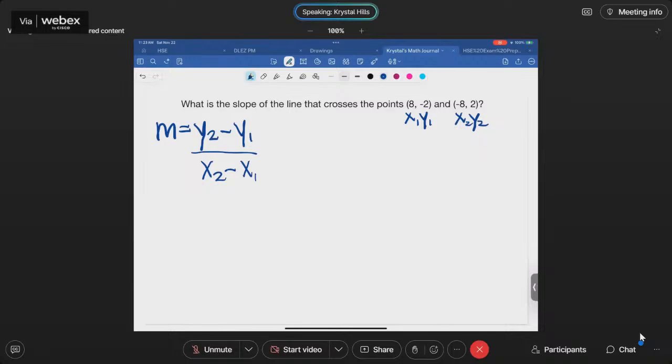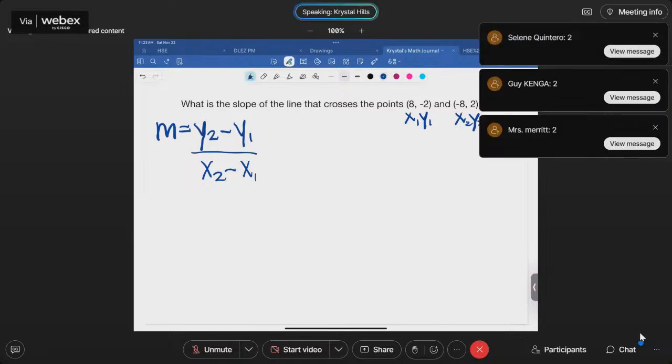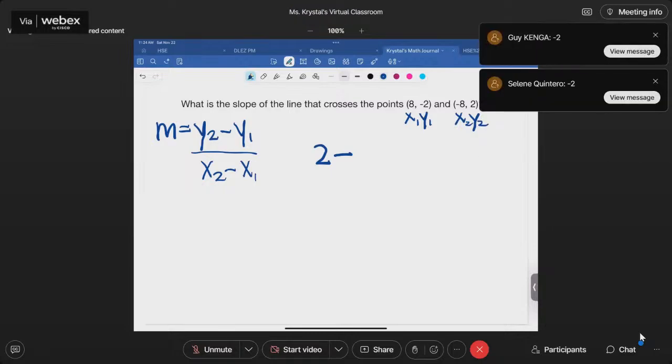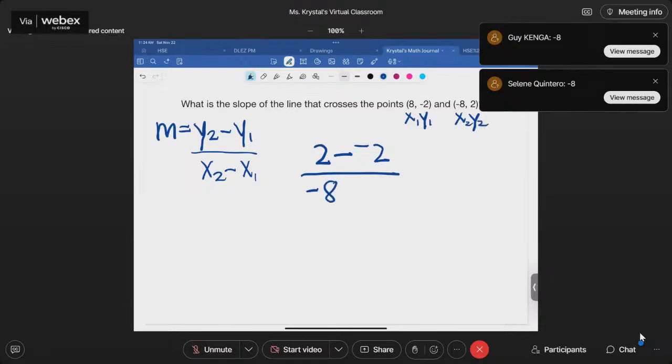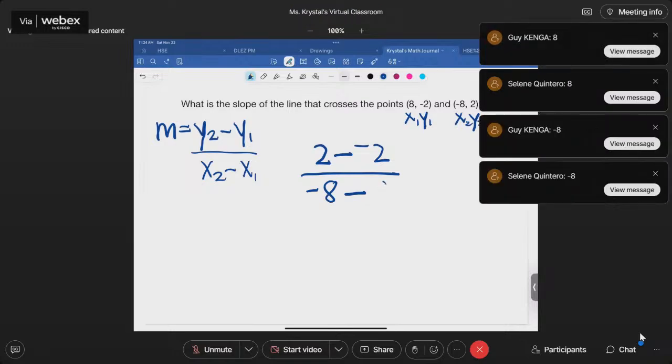Okay, so my Y2 is what? 2, minus, and what's my Y1? -2, divided by, what's my X2? -8, minus, what's my X1? 8.